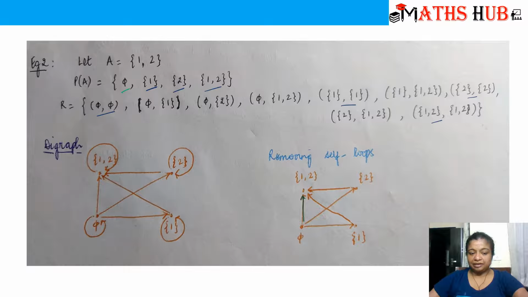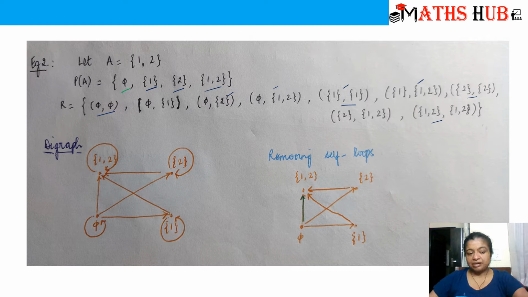Then we have the other relations: φ connected with {1}, this one, φ connected with {2}, this one. Then we have φ connected with {1, 2}, this one. {1} is connected with {1, 2}. Then we have {2} connected with {1, 2}. So these are all the relations that we have drawn, right?